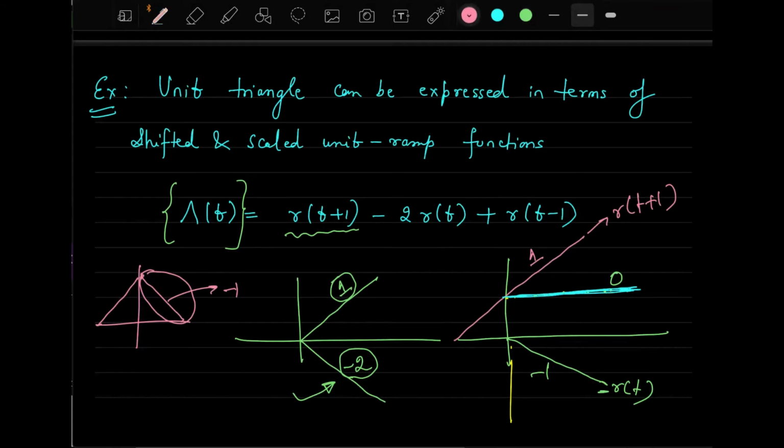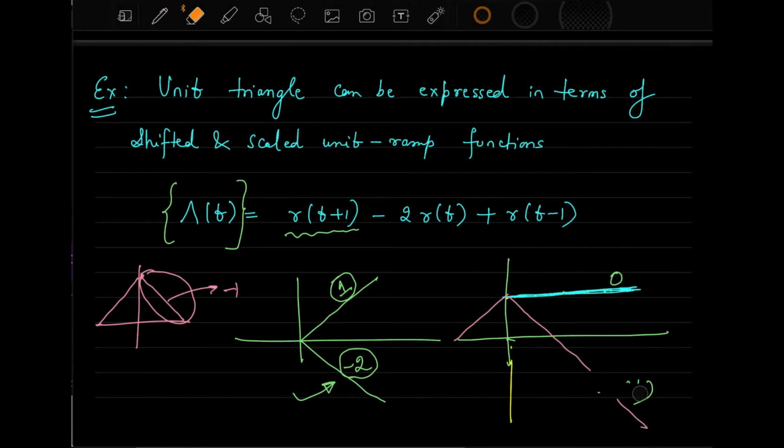Now once the slope becomes negative, this particular thing will not be there, and your line will become like this, and this particular thing is gone. So your new line is like this, and the value of this is minus 1.